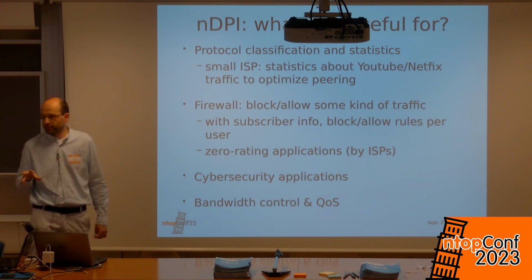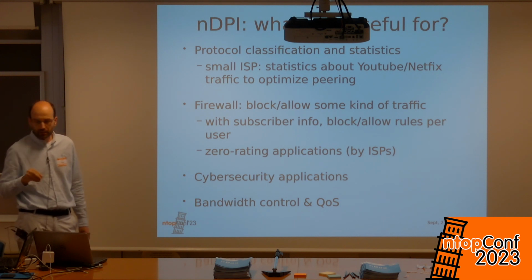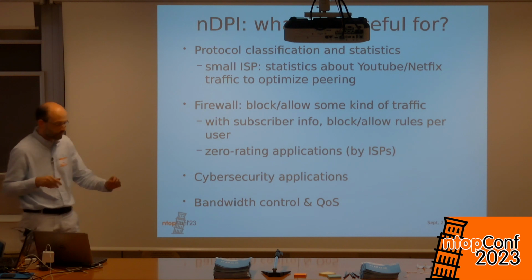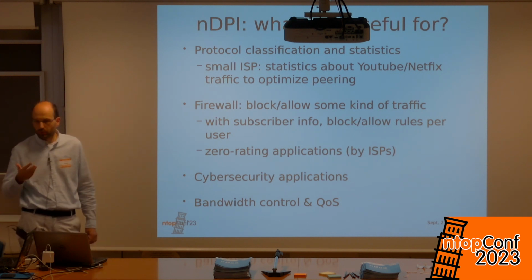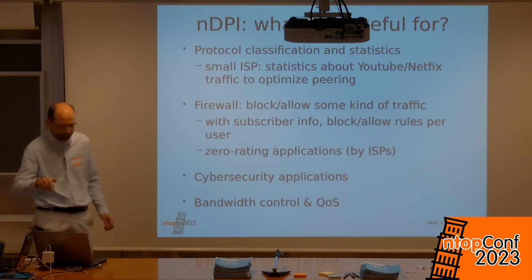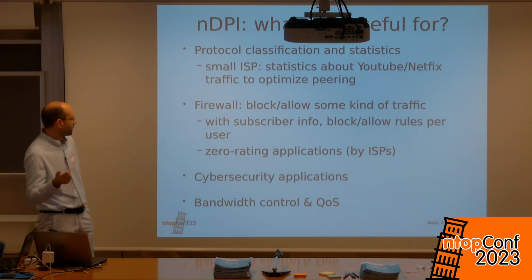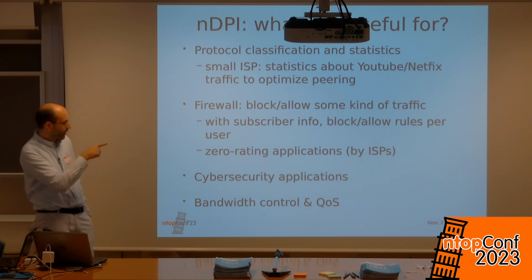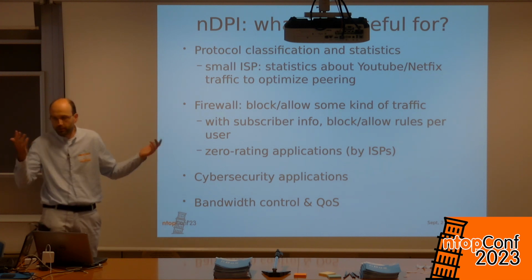Block the Facebook traffic for all the students at the university, but allow it for the people in the administration office to allow them to update the Facebook page. You can build some kind of zero rating application. It is usually done by ISPs, or any kind of cybersecurity application, ntopng.